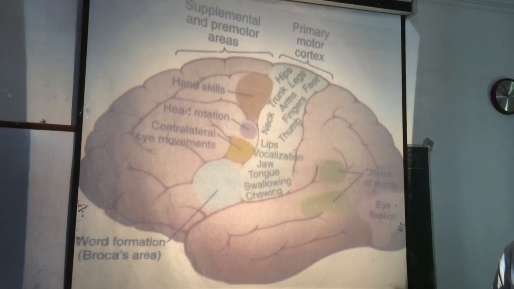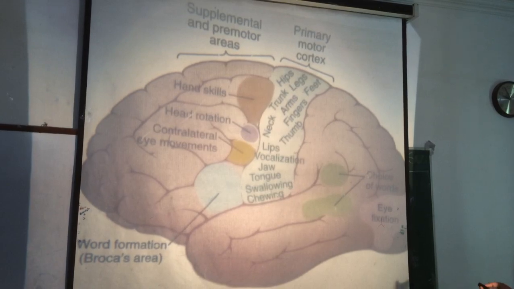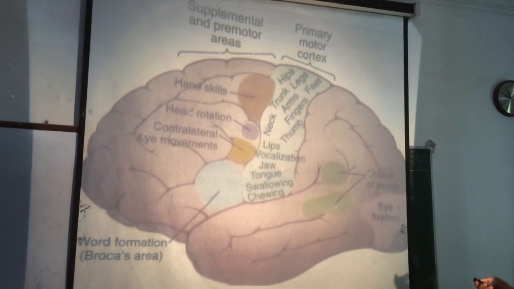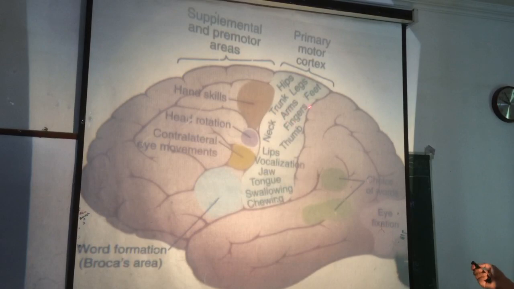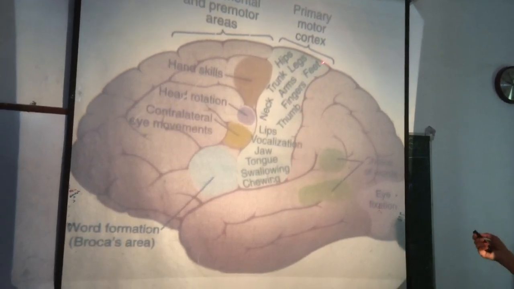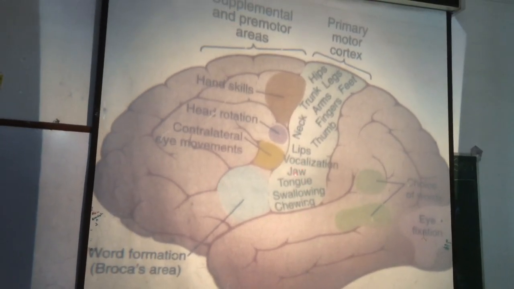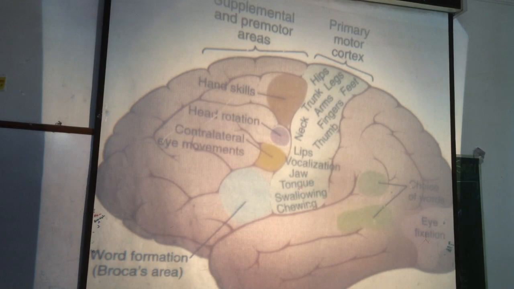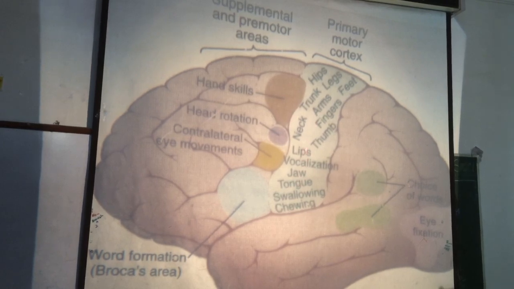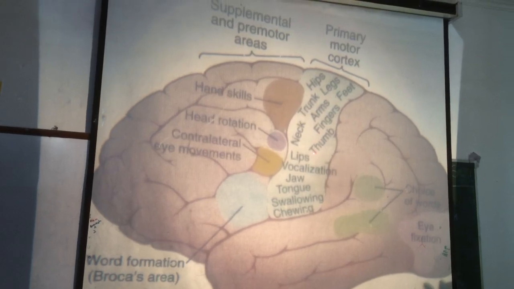The primary motor area is located in the precentral gyrus. This is the central sulcus, and in front of the central sulcus is the precentral gyrus. So this area is located in the precentral gyrus on the lateral surface of the hemisphere.